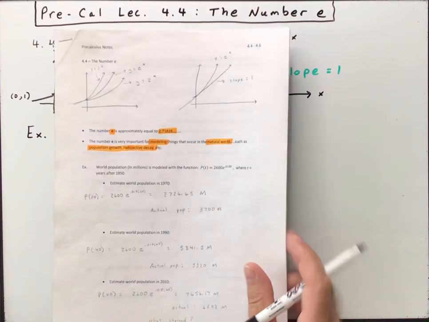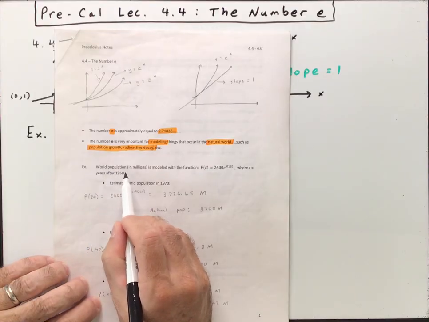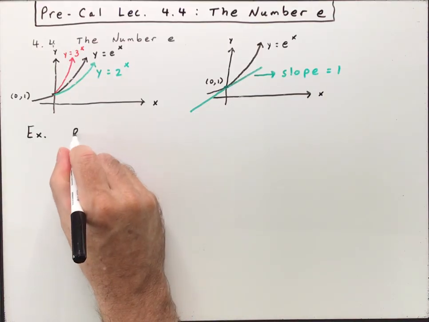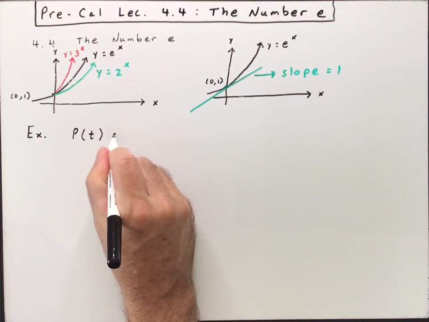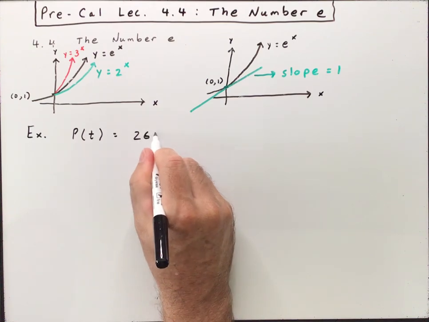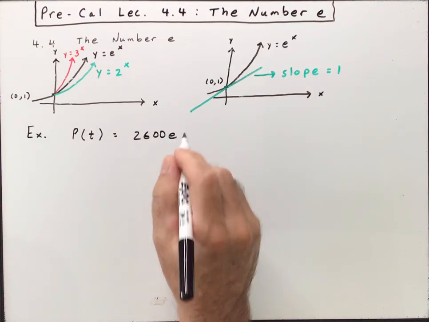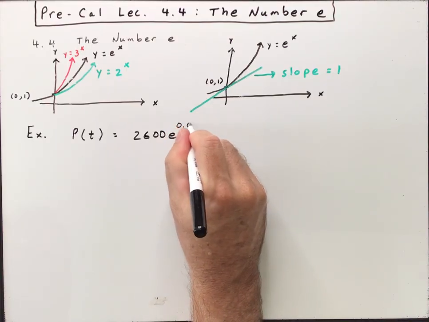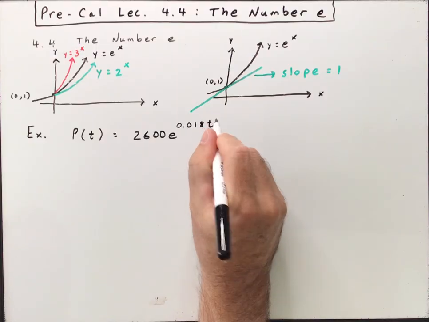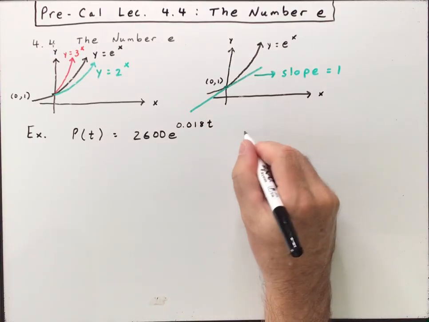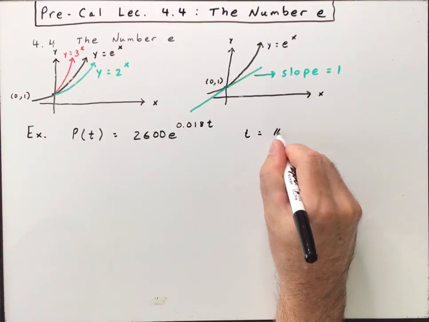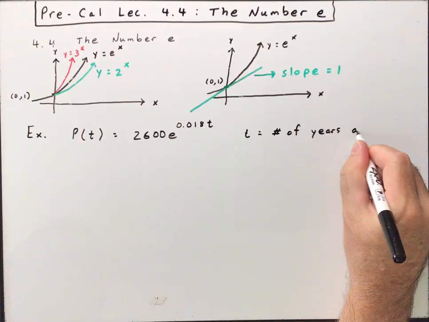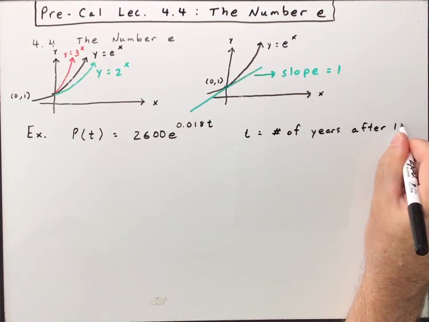to answer questions. So the first example says world population in millions is modeled by the function P of t. So P of t is equal to 2600 times e to the 0.018 t, where t is equal to the number of years after 1950.